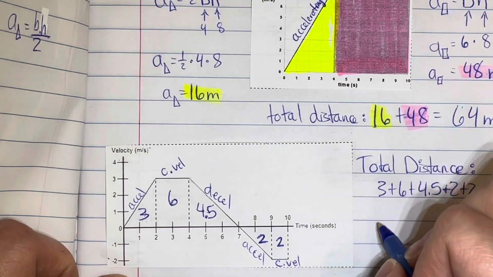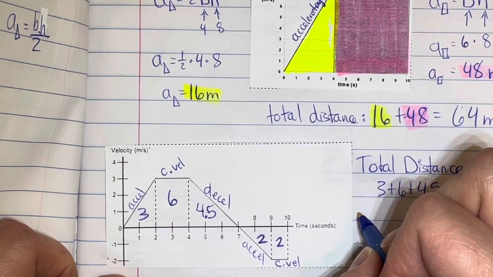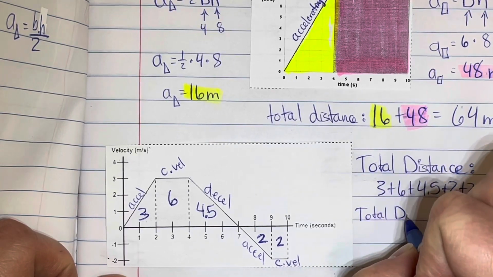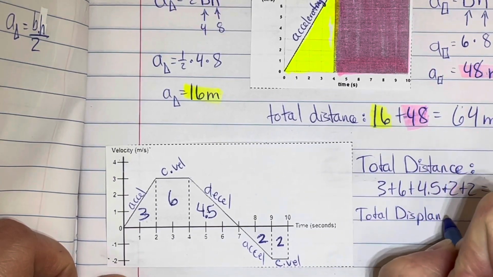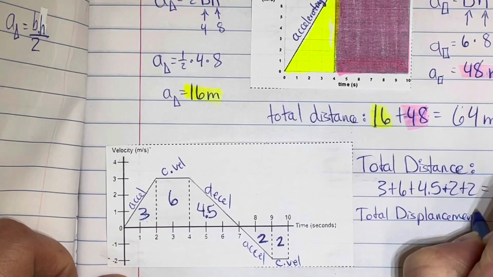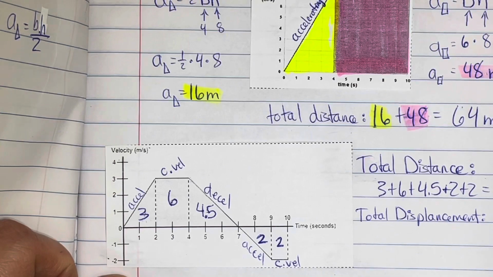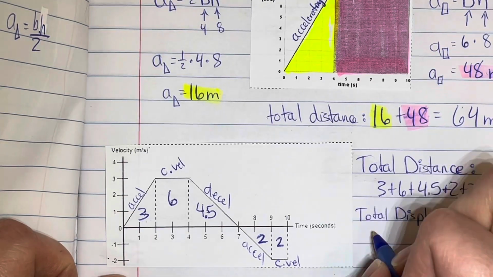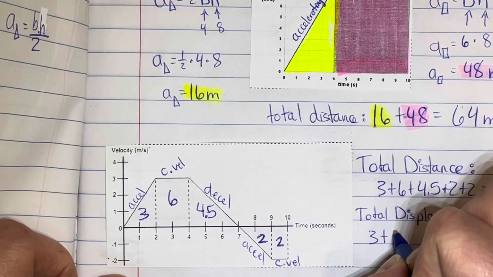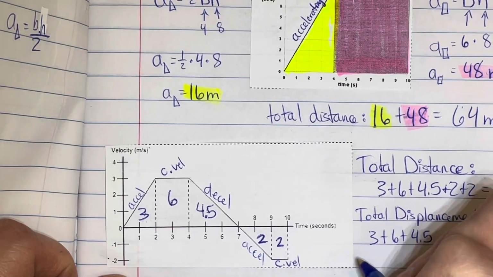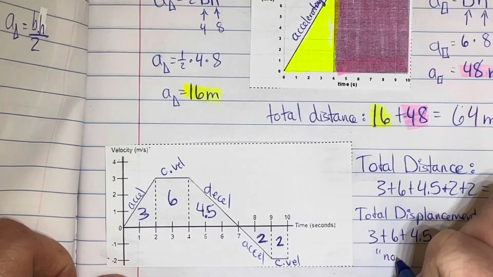Okay? But if I want the total displacement, then I have to take into account the direction. Okay? So I'm going to emphasize here the 3 and the 6 and the 4.5 were all moving in the positive direction. We'll say they're all going north.